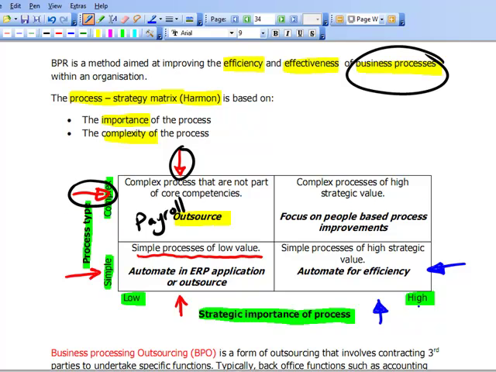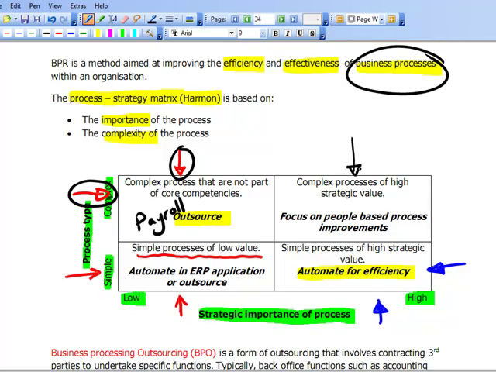A high strategic importance is making sure they can process all the credit card payments and what have you. Processing credit card payments is a relatively simple operation. So what's the outcome of this? Automate for efficiency. So we don't have to spend a lot of time on this because it's a simple process. It is very important, so we want to make sure that we actually get it right. So automate for efficiency.